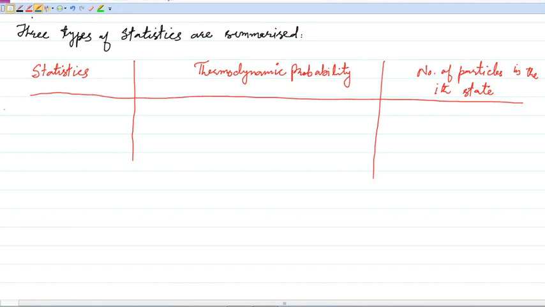So the first statistics is the Maxwell-Boltzmann statistics.